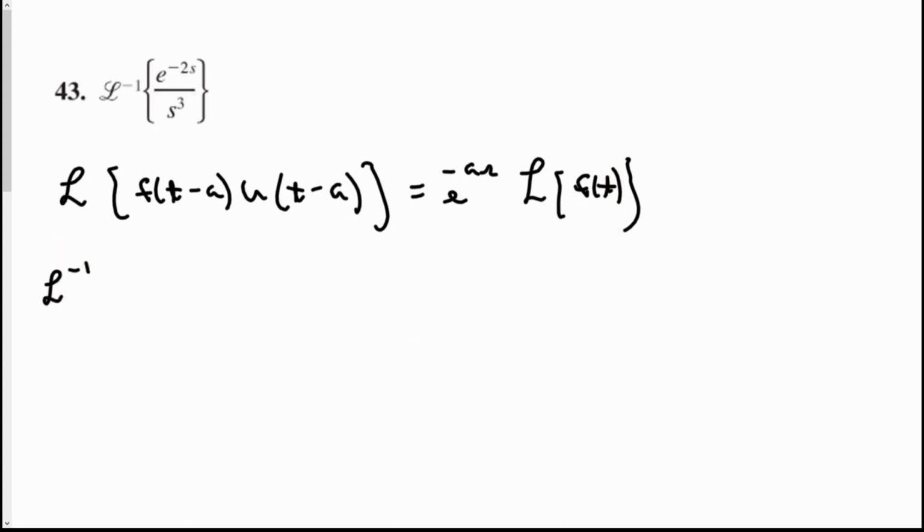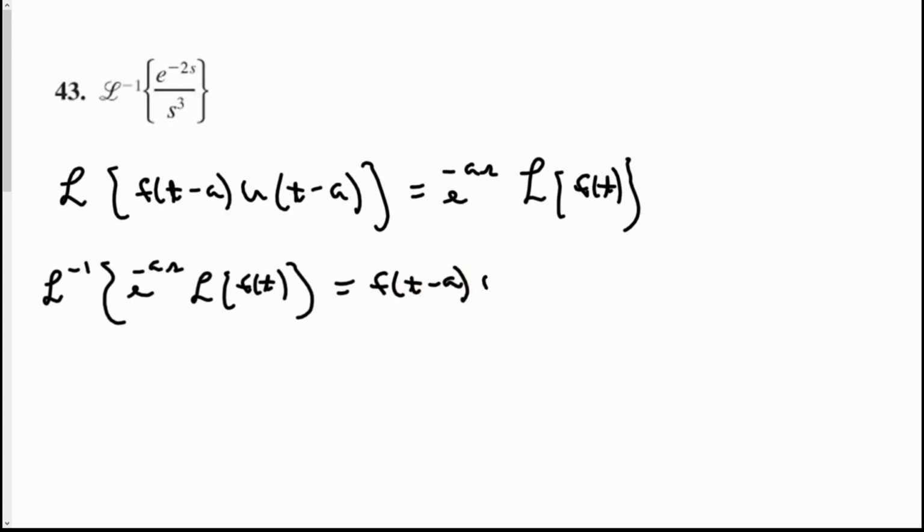So we talk about the inverse of that right side, e to the negative as times some Laplace transform of f of t, which is some capital Y of s, right? This guy has to be the inside over here, so this is equal to f of t minus a times the unit step of t minus a.